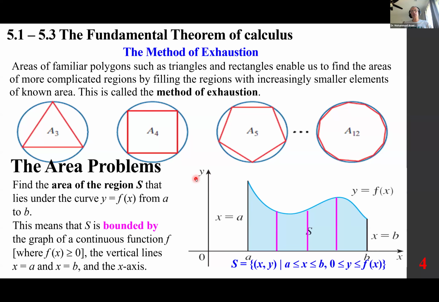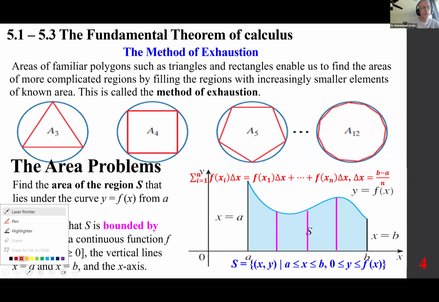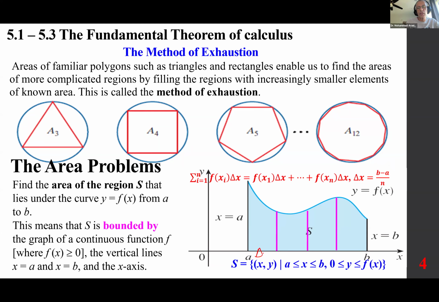For example, if you cut it into 4, then this width, which is delta x, is going to be b minus a over n, b minus a, in this case, over 4. So this distance, everybody, is delta x. And we make the widths identical because it's easier to calculate.